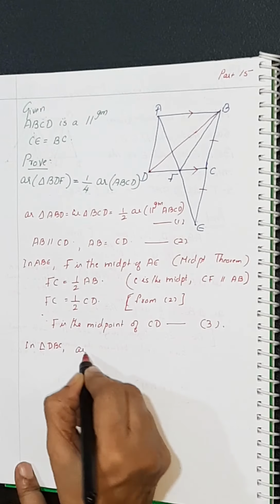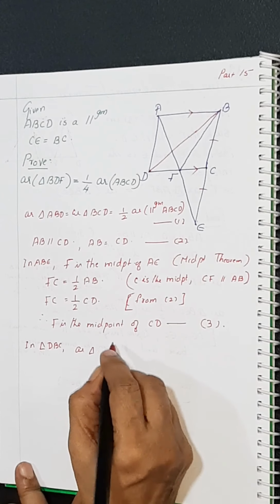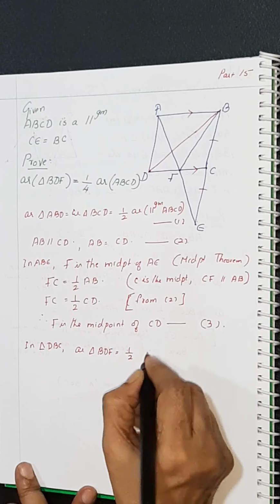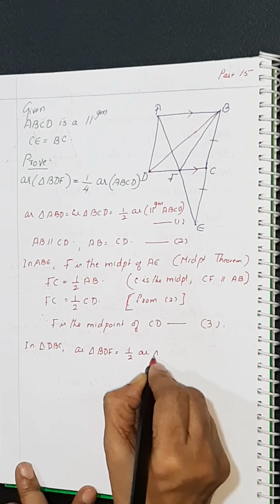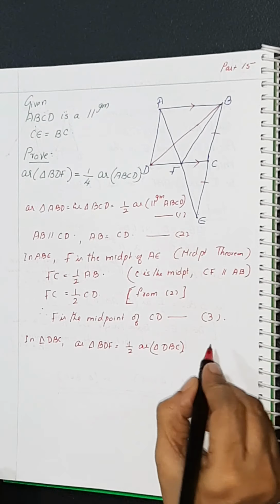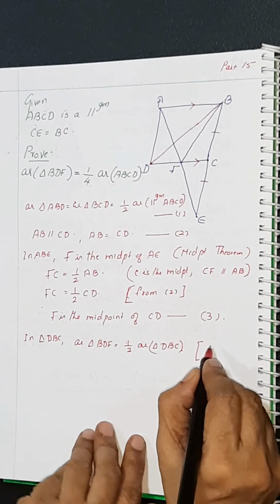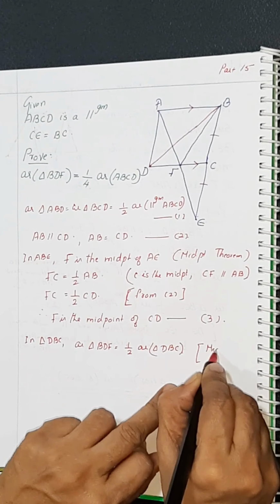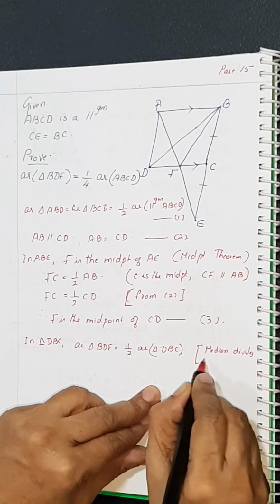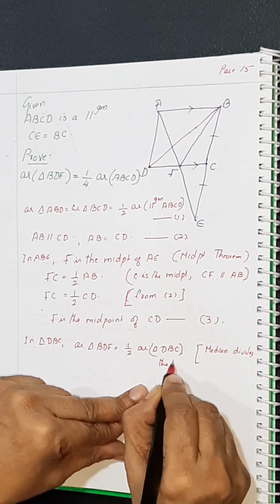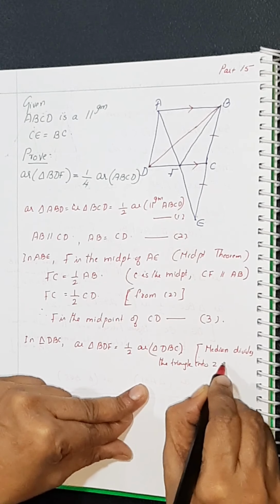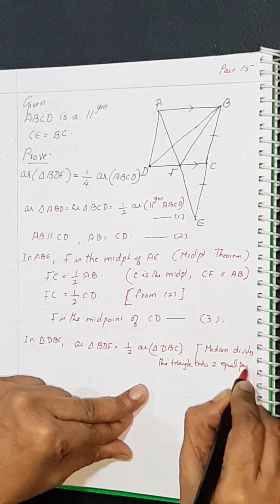Therefore, area of triangle BDF is equal to half of area of triangle DBC. This is the theorem: a median divides the triangle into two equal parts.